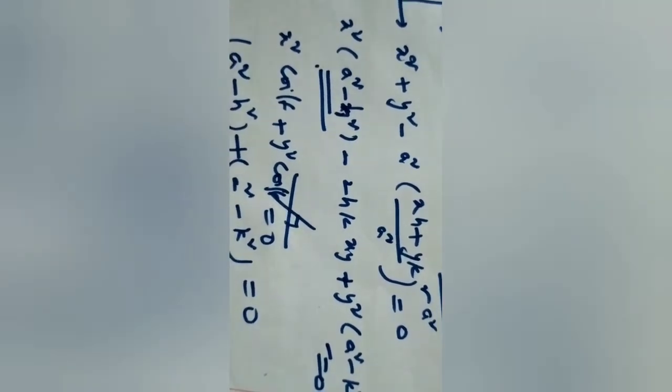That implies h square plus k square is equal to 2a square by simplifying. The locus is x square plus y square is equal to 2a square. This is the equation of the director circle. It is an alternate method.